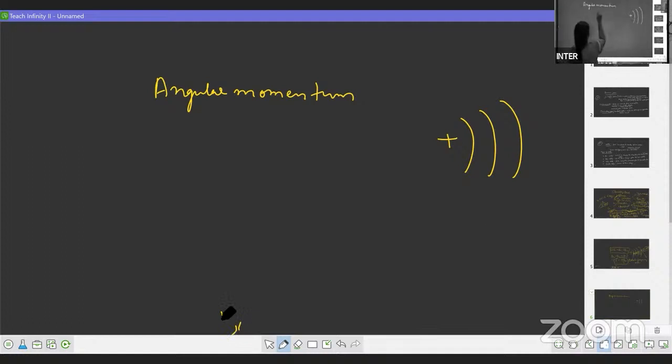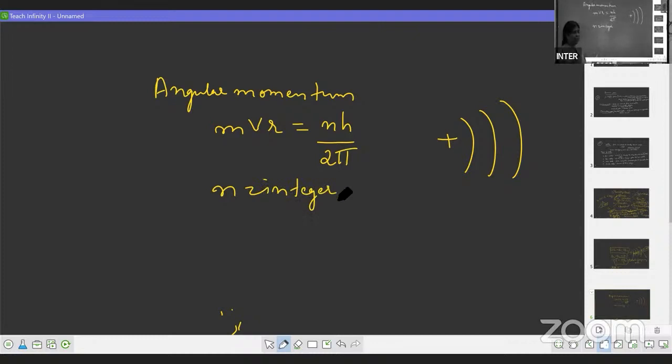So the angular momentum is mvr, which is equal to nh by 2 pi, where n is an integer. The angular momentum of the electron is quantized.